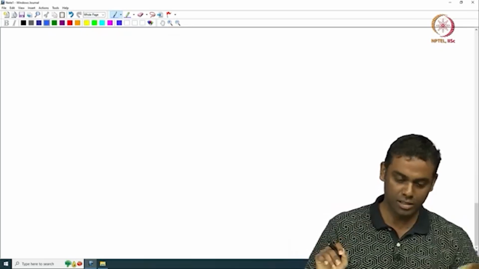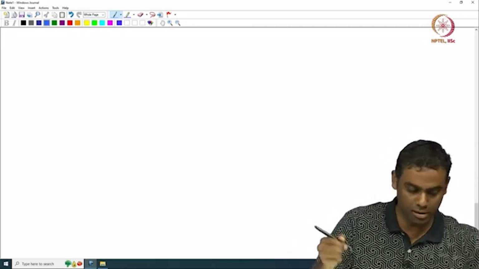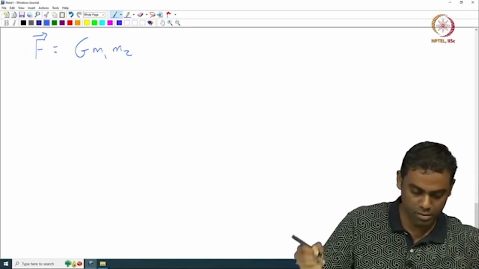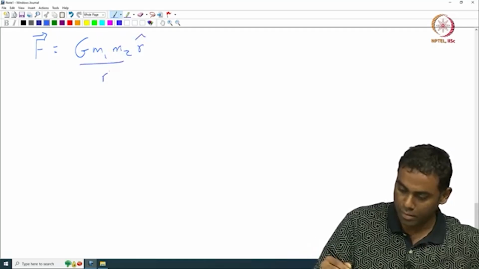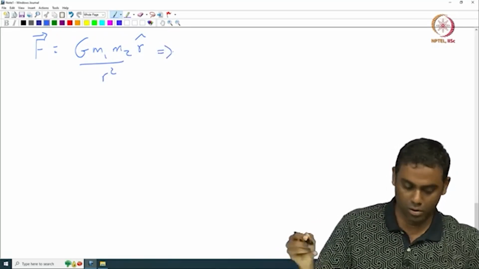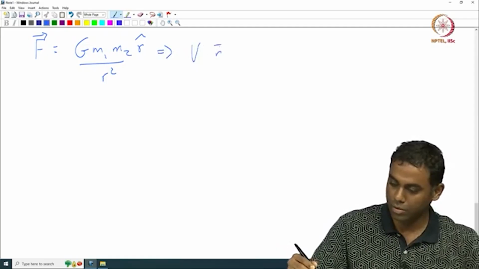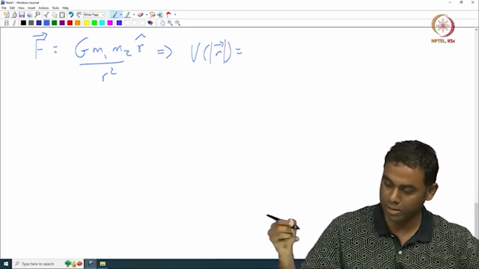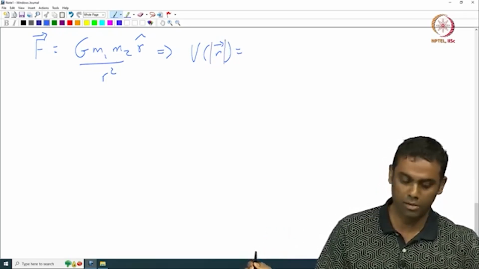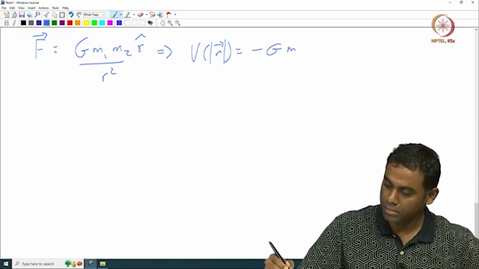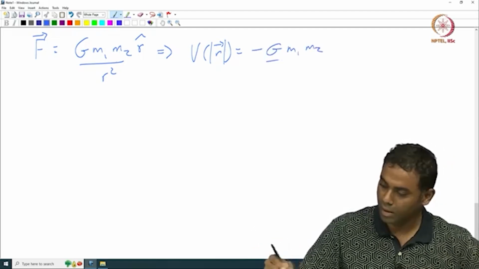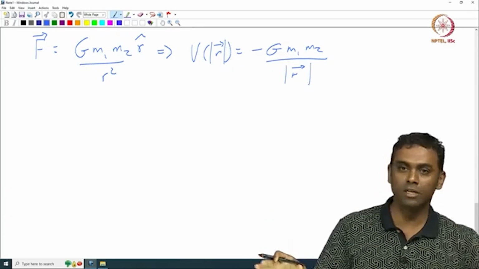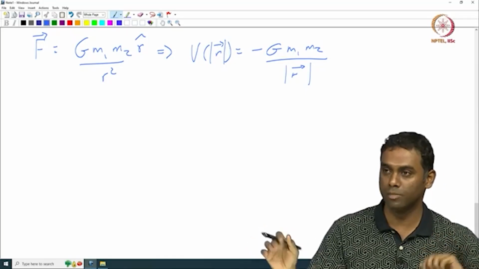Okay, so in this case, famously, we have this, which gives rise to the potential, which is actually a function of the magnitude. This is the potential that's governing everything, whatever be the orbit, whatever be the physical picture.